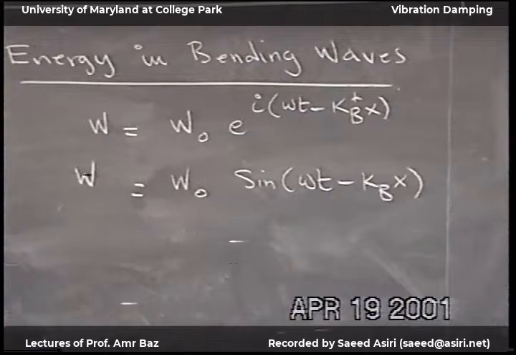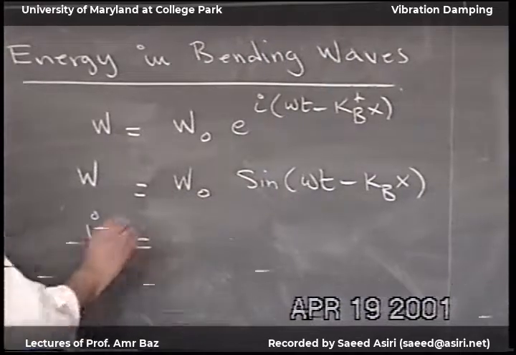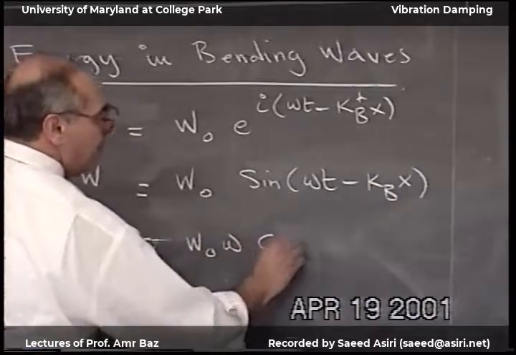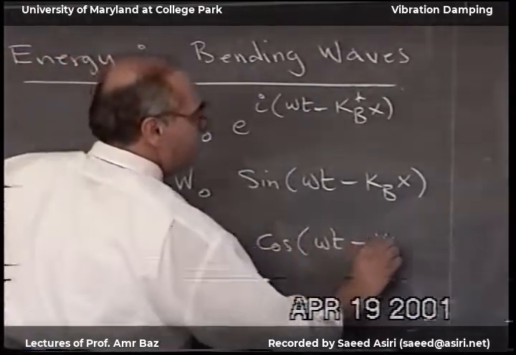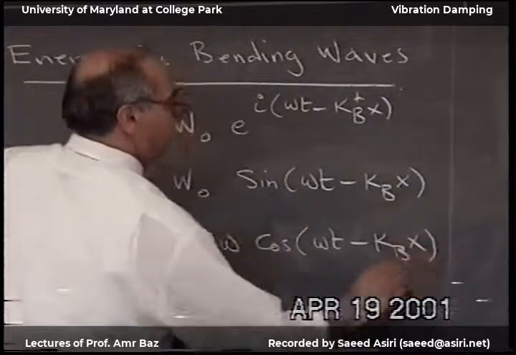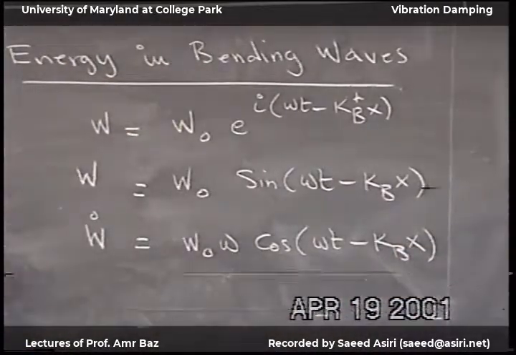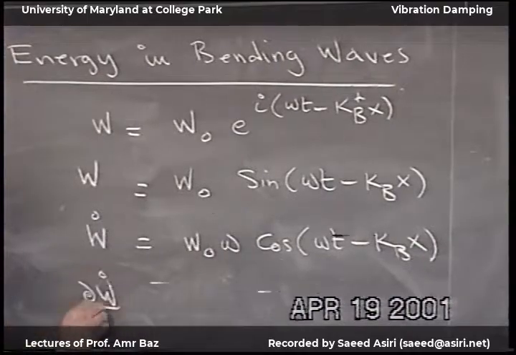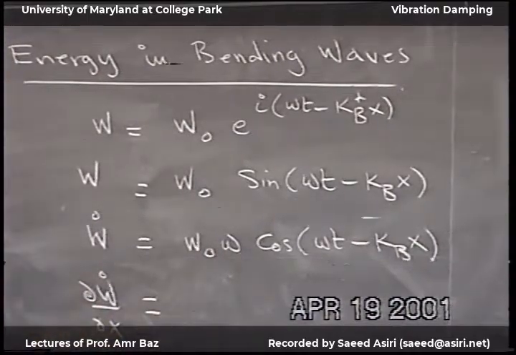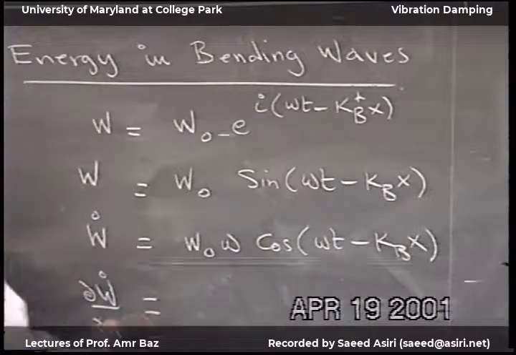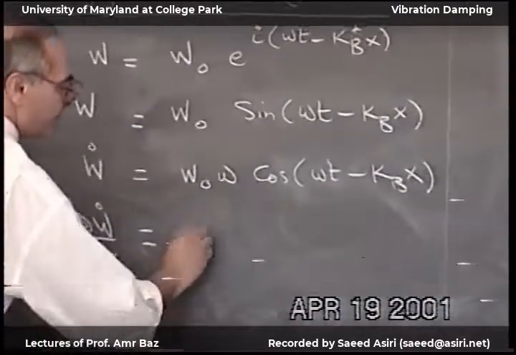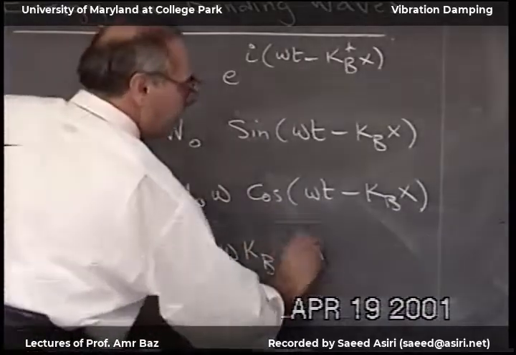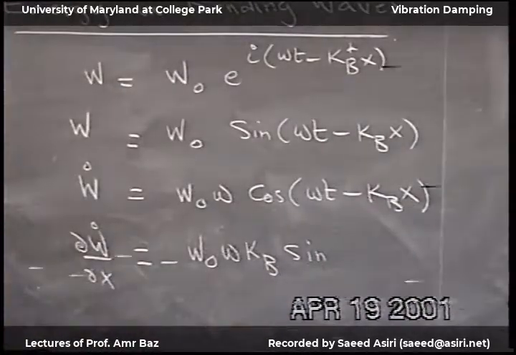Now I can get the velocity, and I can also get the angular velocity. So the angular velocity will equal to minus W0 omega KB sine.